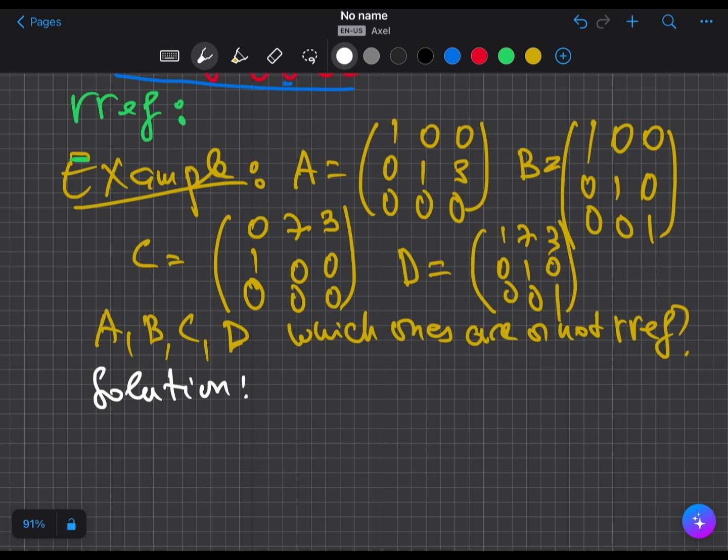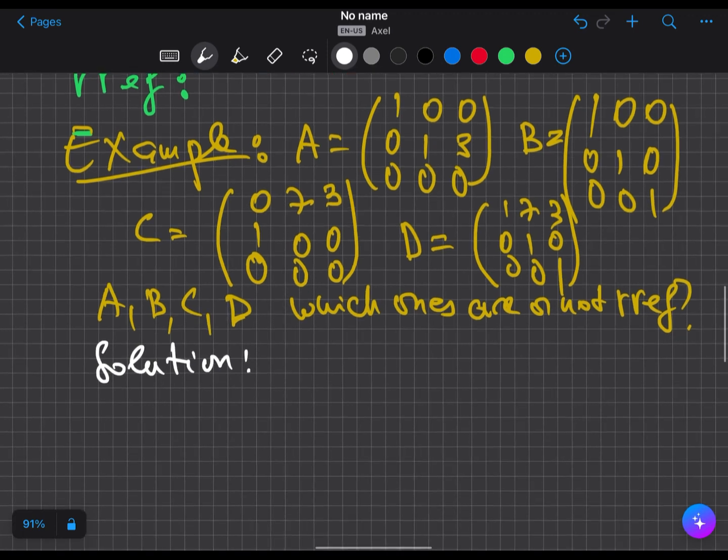Thirdly, as you go down the matrix, the leading ones move to the right. Then lastly, any all zero rows are at the bottom. So let's have a look at our matrices, and we can see that A and B are in their reduced row echelon form, because they satisfy all the four conditions that we gave just now.